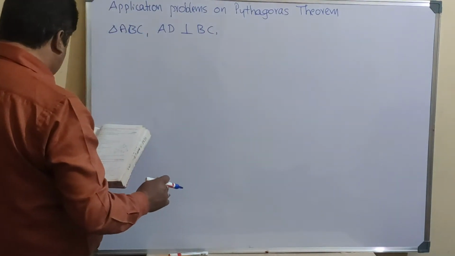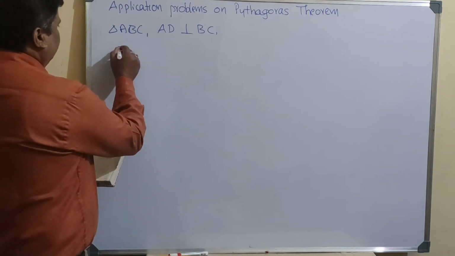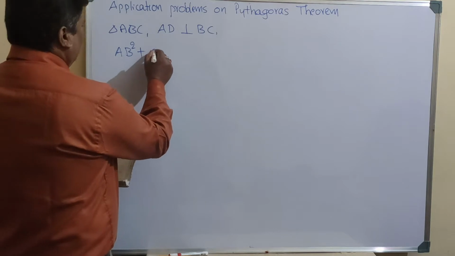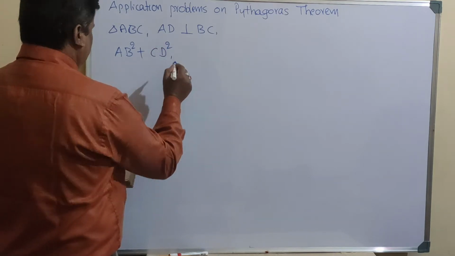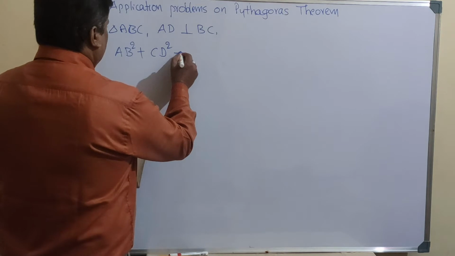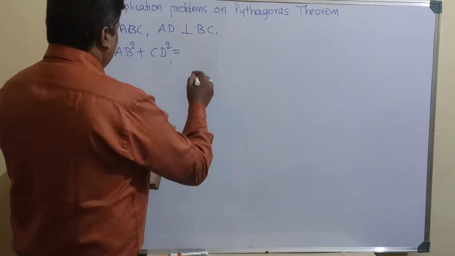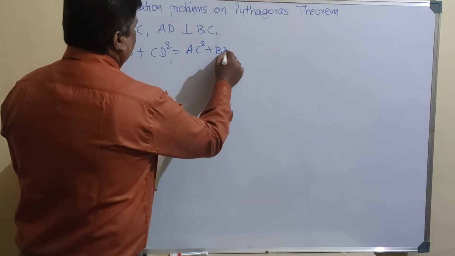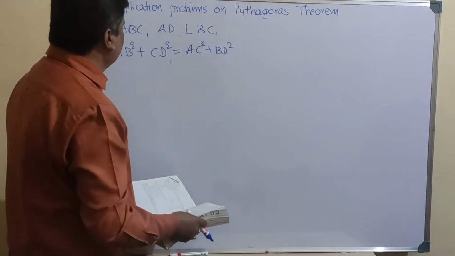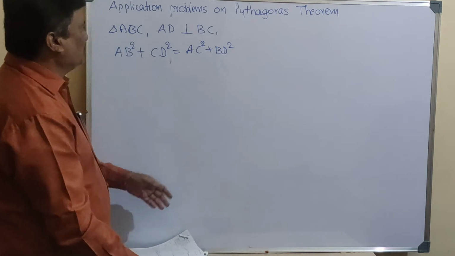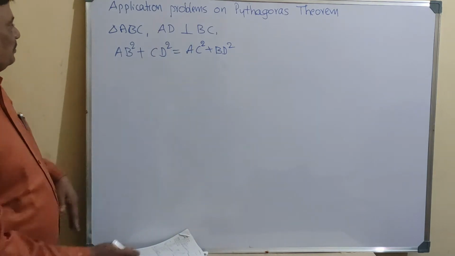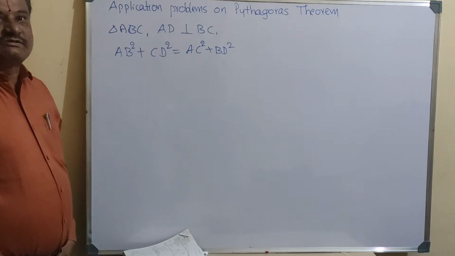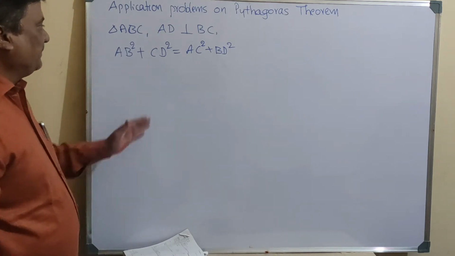Then we want to prove that AB square plus CD square is equal to AC square plus BD square. So in triangle ABC, AD is perpendicular to BC. Then we want to prove that AB square plus CD square is equal to AC square plus BD square.